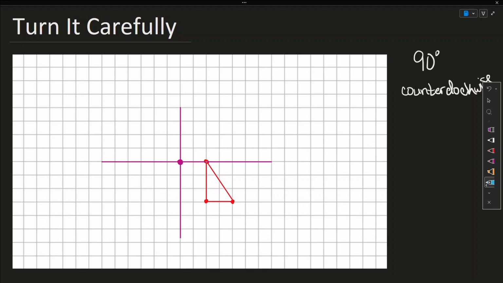So this first point here, we go over 2, we go right 2, and up 0. As we move counterclockwise this way, we're going to need to go up 2 and over 0 to this point here. For this one, I go over 2 and down 3. So now I need to go over 3 and up 2.